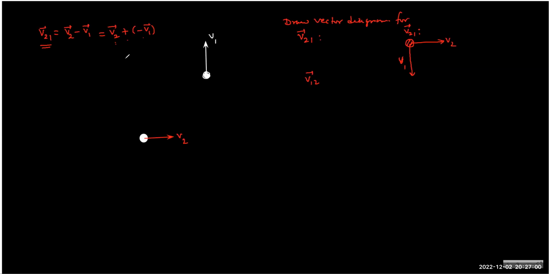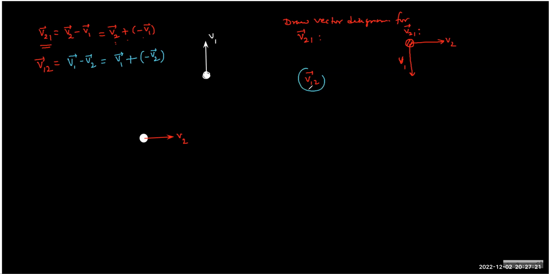Isn't it? So what is V12, guys? V1 minus V2. This means V1 and minus of V2. If you go and watch my vector lecture, you can see all this meaning, right? I have discussed in detail.